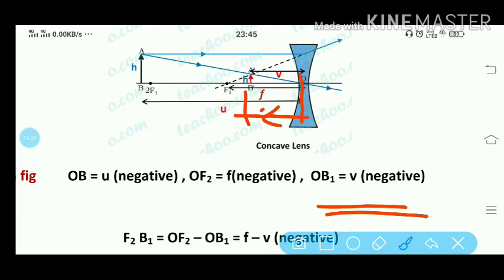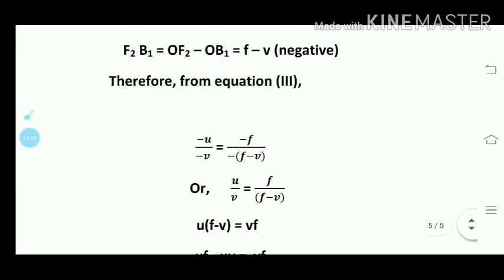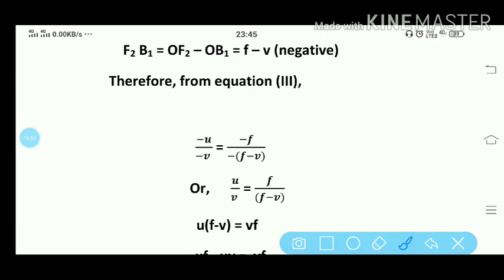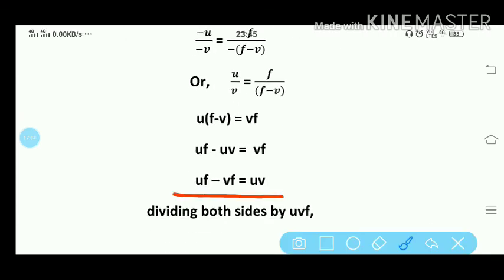Again we are going in the opposite direction of the incident rays, so OB1 will also be negative. Putting the values of OB, OF2 and OB1 in the third equation, we get minus U by minus V is equal to minus F by minus V minus F minus V. Simplify, get UF minus VF is equal to UV.